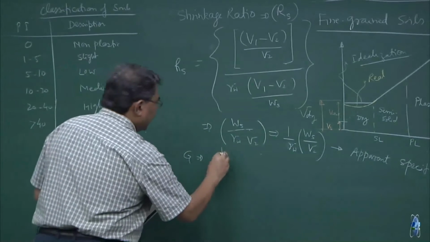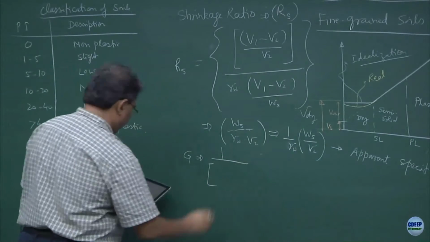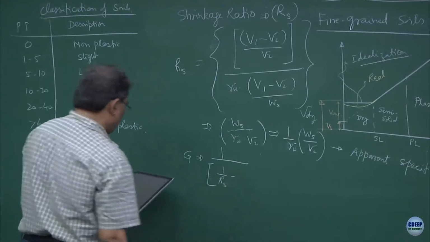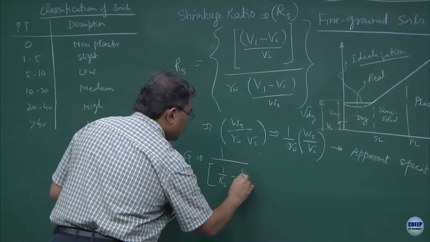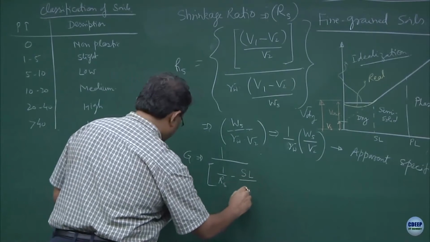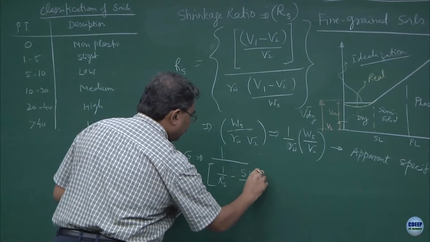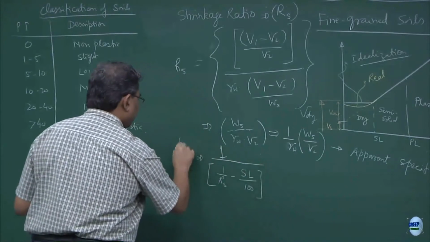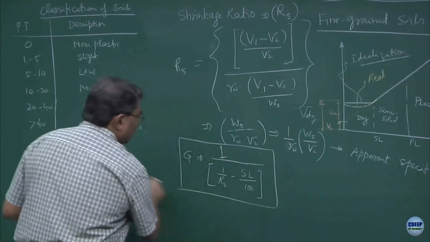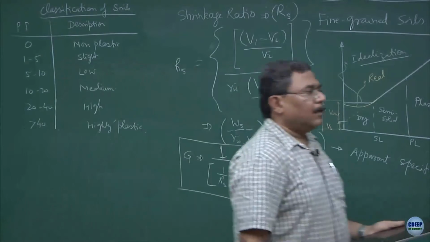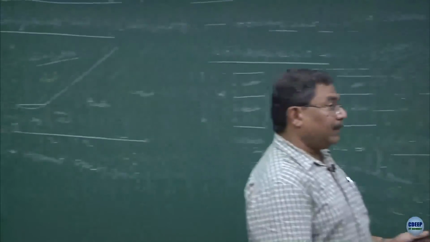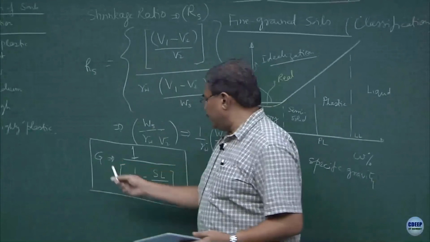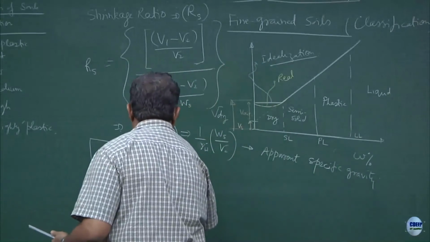G can be written as 1 upon Rs minus shrinkage limit divided by 100. As I said, this function is used to calibrate the G value. It is a relationship between shrinkage limit and G. This shrinkage limit I have been defining as Ws.